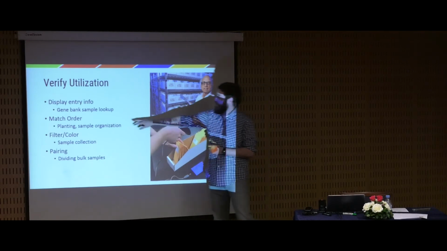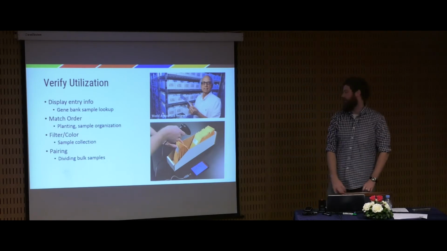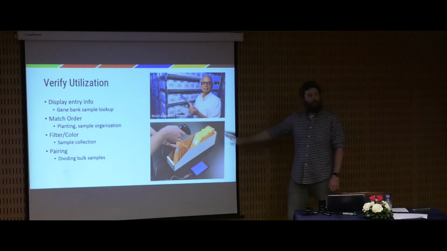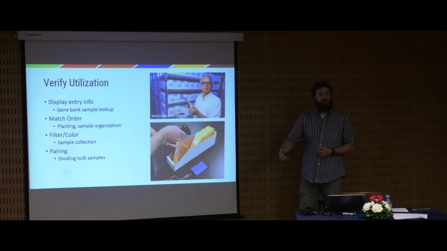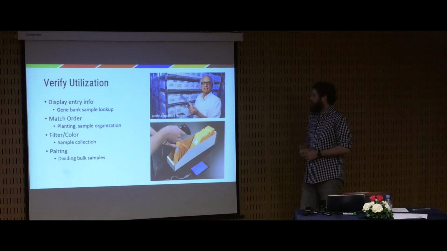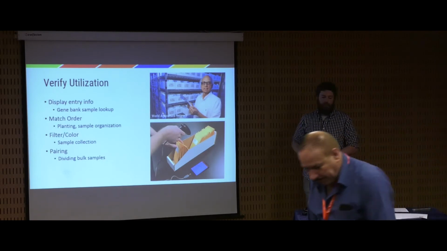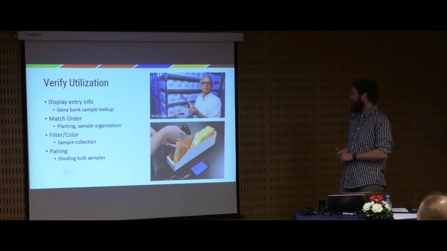So we can match order. So if we're organizing a list of samples to plant, like this, very small trial right here, we can scan through each of those entries, and if anything is not in order, it'll beep at us. Something that we originally tried with a different app, but this app just worked a little better.